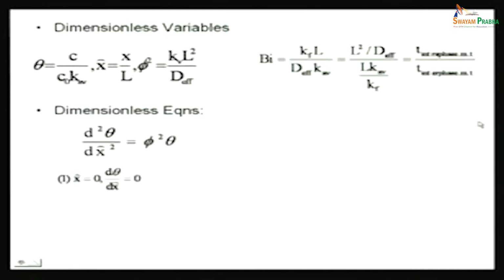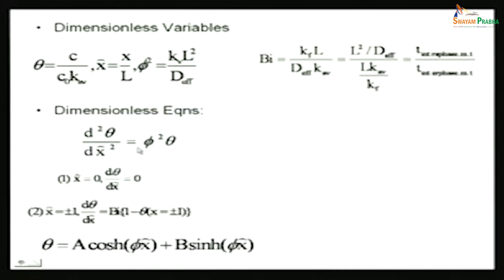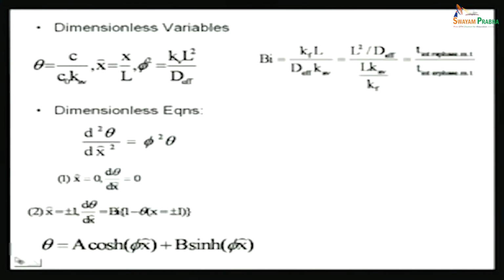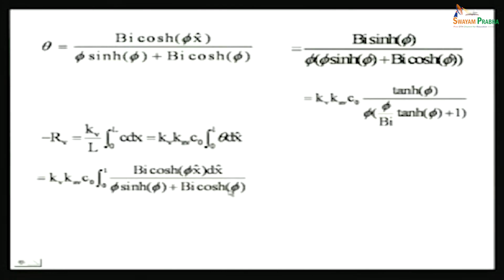Then we ended up with an equation like this: del squared theta over del x squared equals phi squared theta, phi squared being the Thiele modulus, along with the boundary conditions. The boundary conditions included the Biot number, which is the ratio of external mass transfer to internal mass transfer. Based on that we got the solution, and we found the effectiveness factor.